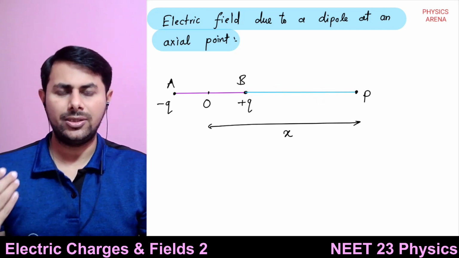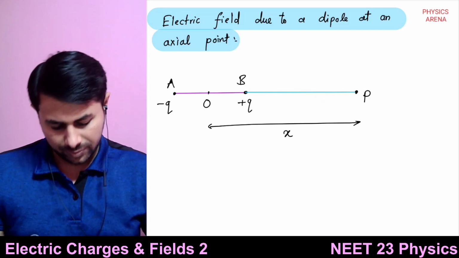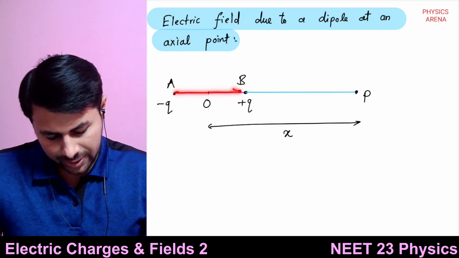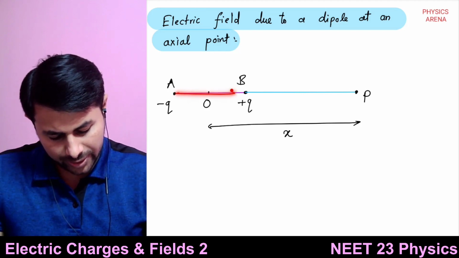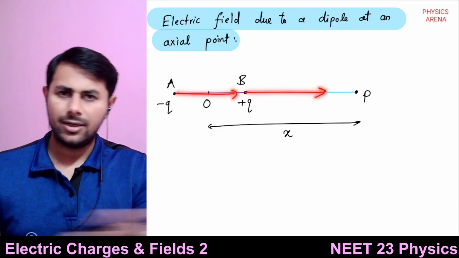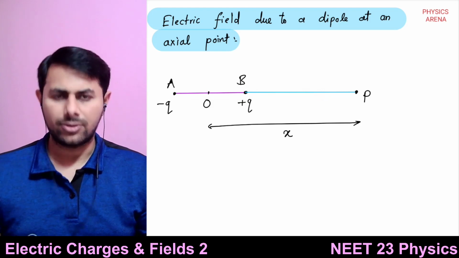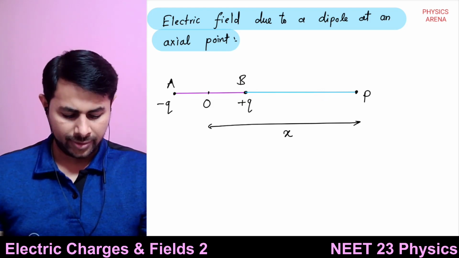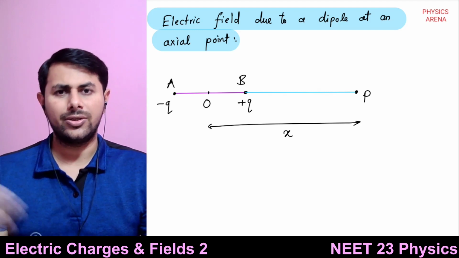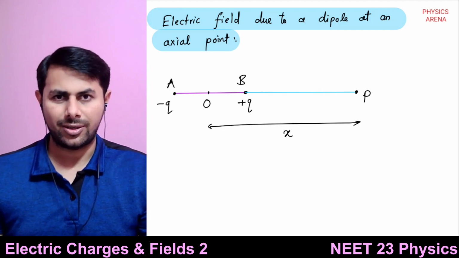So in what direction? The electric dipole moment is directed from minus q to plus q. The net electric field is also directed in the same direction. So the electric field is now directed in the direction of the electric dipole moment.